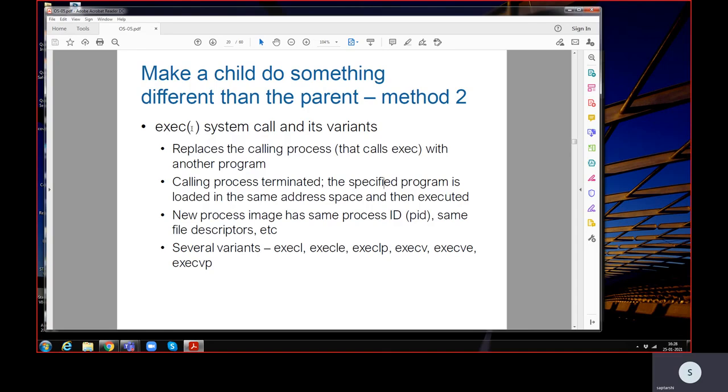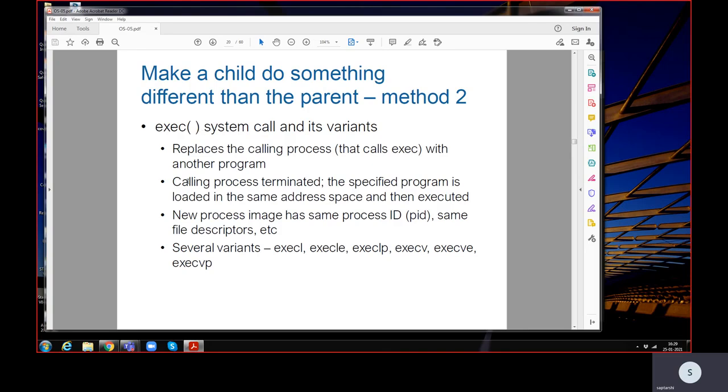Say you specify exec with the executable code of ls. Ls is a standard shell utility which lists the current directory, and it has its binary executable, something like /bin/ls. So while calling exec, you can actually specify ls.